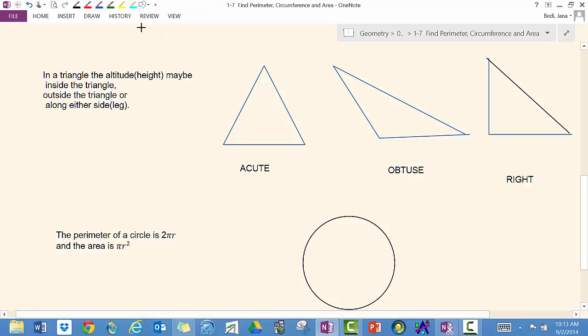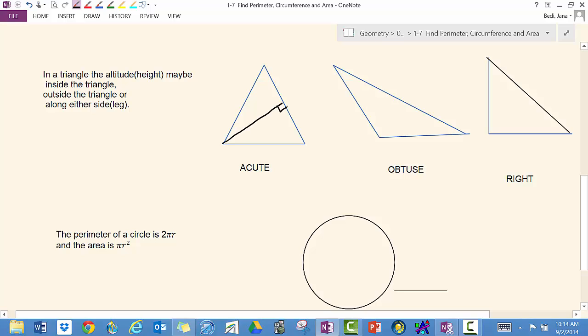So let's take, just for fun, a vertex that's not a conventional one, but you can use any one of them. There we go. This is the height, and in this case this is the base. The base is the one that the height makes a right angle with.